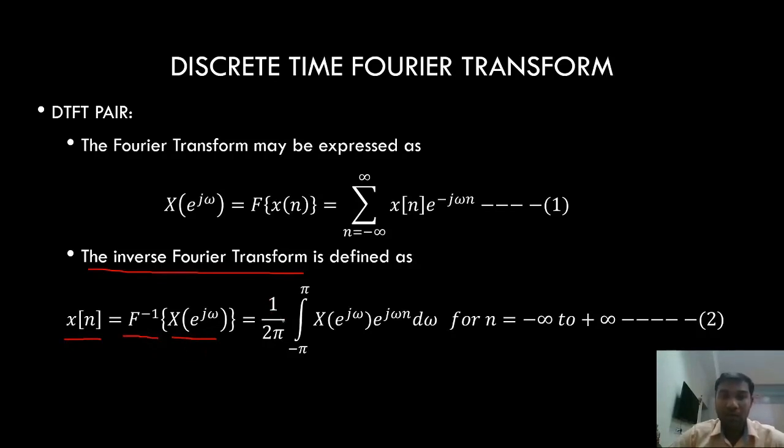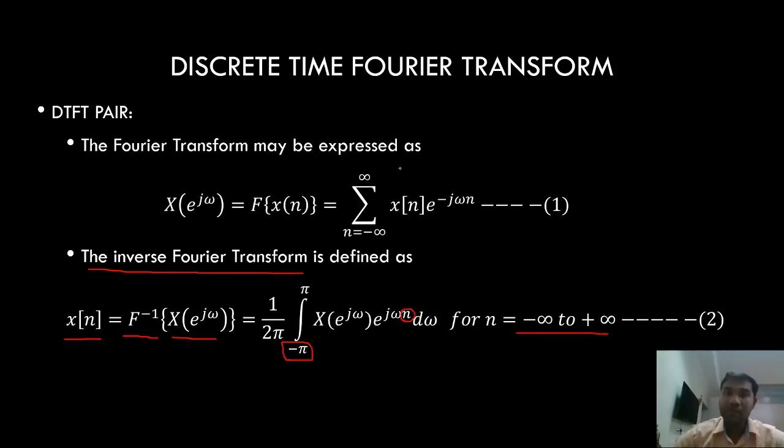That is equal to 1 by 2 pi times the integration from minus pi to pi. Look here, this is not minus infinity to plus infinity, it is minus pi to pi. So it is 1 by 2 pi integration minus pi to pi of X of e power j omega times e power j omega n d omega, and the value of n here ranges from minus infinity to plus infinity.